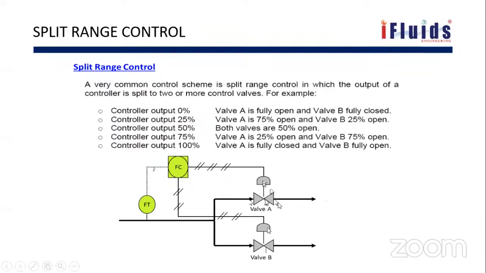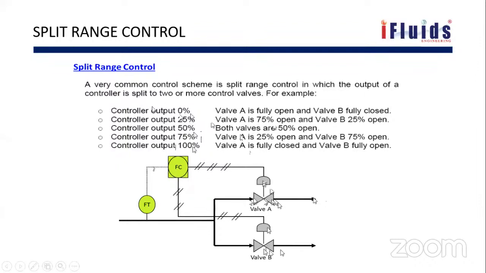Now coming to this example, controller output is 0. That means valve A is fully open and valve B is fully closed. If control output is 25, valve A will be open 75% and B will be open 25%. If it is 50%, both valves are 50-50. If it is 75, valve A is 25 and B is 75. If it is 100%, valve A is closed and B is fully open.